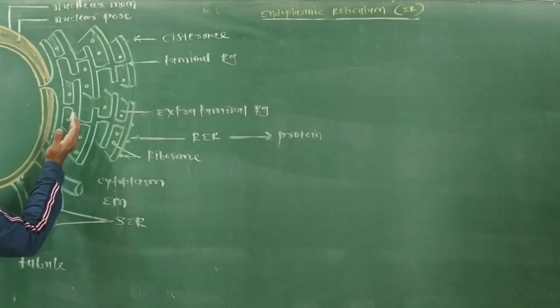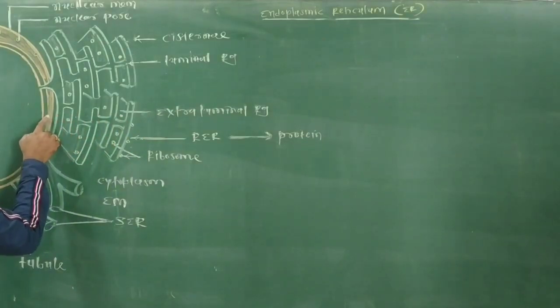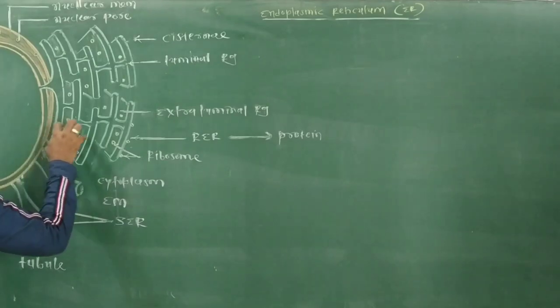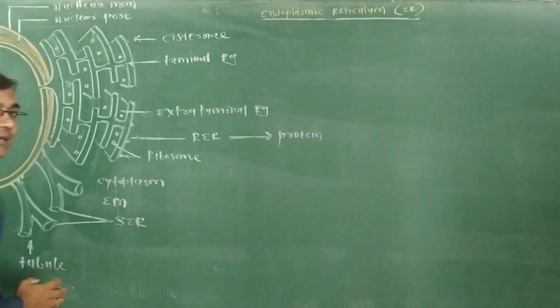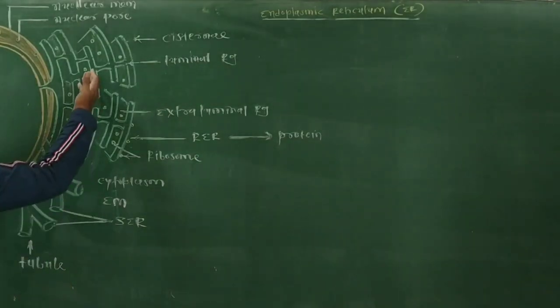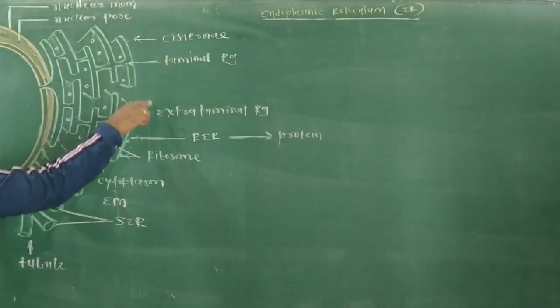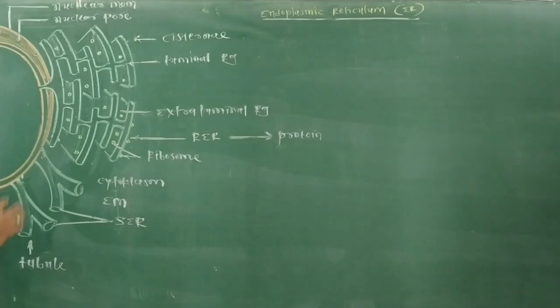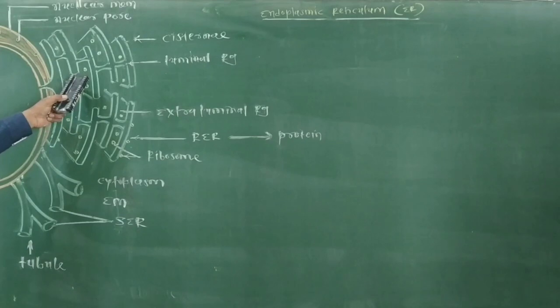Rough endoplasmic reticulum starts from the outer nuclear membrane and spreads towards the plasma membrane. So most of the region of a cell is covered with the help of this rough endoplasmic reticulum.